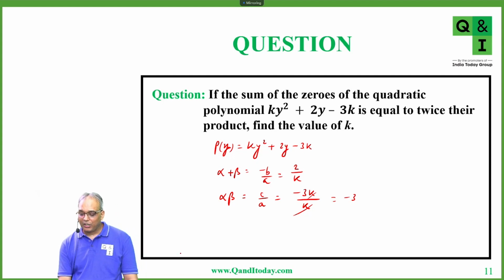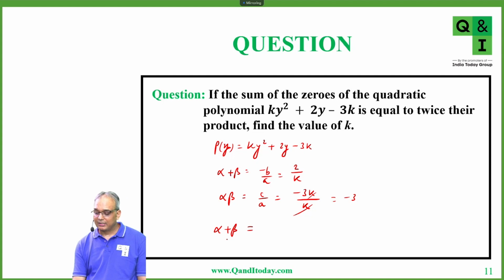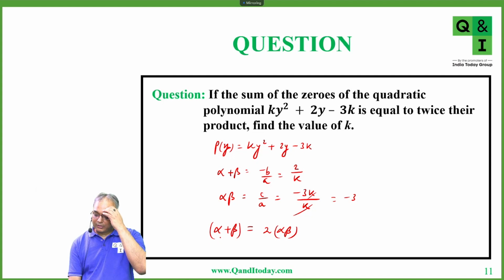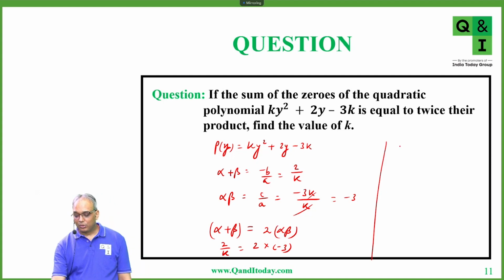Right. Now sum of the zeros, alpha plus beta, is equal to twice their product, 2 times alpha beta. So alpha plus beta is 2 over k. This is 2 times minus 3. Right. So 2 by k is equal to minus 6, or k is equal to 2 over minus 6, minus 1 over 3.